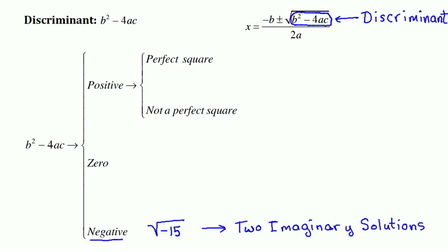Next, we can consider the case where we have a positive discriminant. If the discriminant is positive, then our solutions are going to be real numbers because we'll be taking a square root of a positive number. So we will get real solutions in both of these cases.